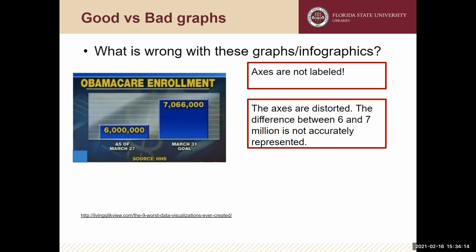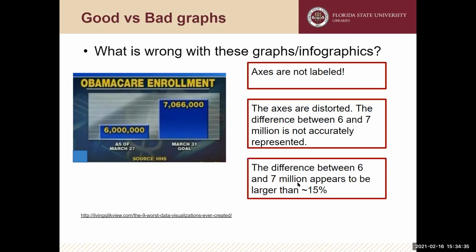This is very distorted. It takes us sort of 3 grid lines to get up to 6 million, but then it takes us a little bit over 5 to get up to just over 7 million, right? So this is definitely not to scale. This is very much not accurately represented.